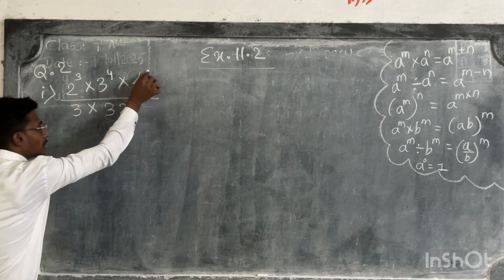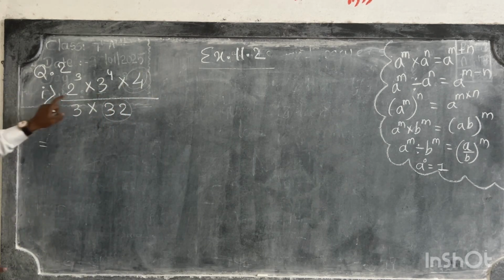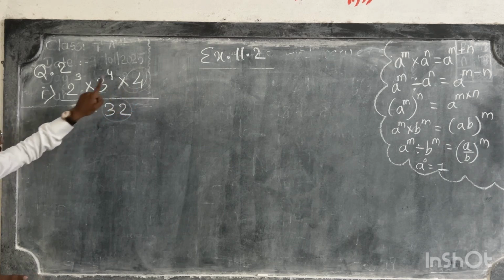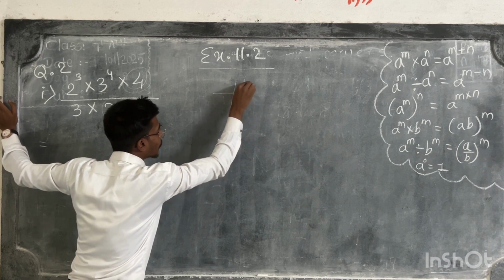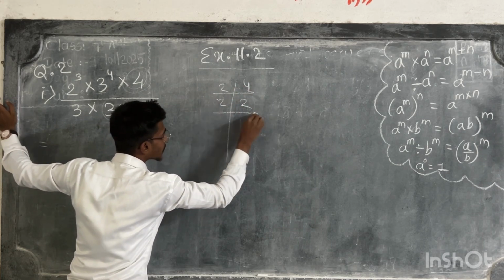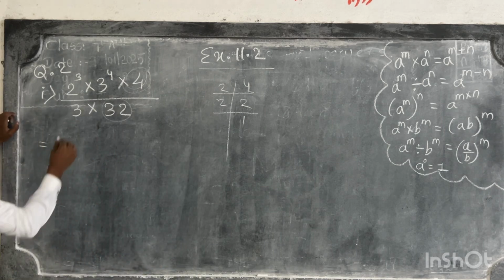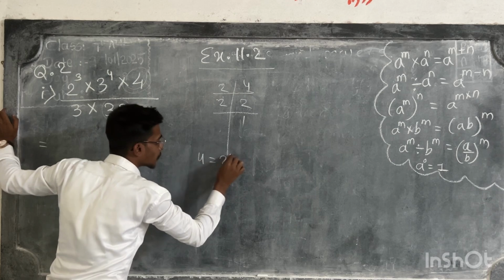We cannot convert this 4 in the form of 3 to the power something. It is an even number, so I can convert this into a power of 2. First of all, you have to factorize the 4. 2 2s are 4, 2 1s are 2. In the place of 4, I can write 4 is equal to 2 into 2, that means 2 square.